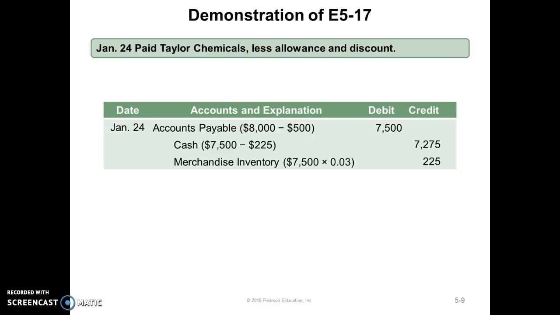Because we got a discount, it decreases the cost of the inventory. So that's why inventory is going to go down by $225. And then cash, instead of paying $7,500, we've paid $7,275 because of the discount that we got.